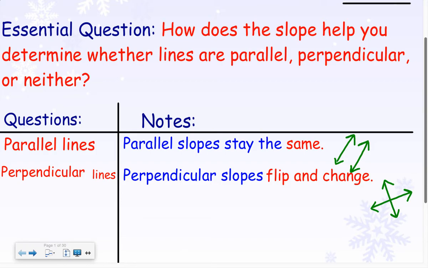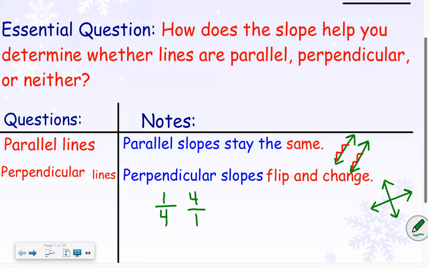So the slopes of parallel lines always stay the same. Both lines have the exact same slope, meaning that you're always rising and running the same amount each time. Perpendicular slopes flip and change. What I mean by flip and change is if you have a slope of 1/4, if you flip it around, you'd have 4/1, and changing means you change the sign.